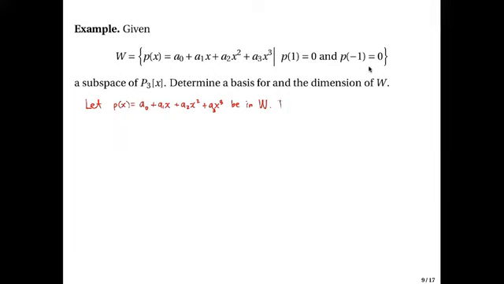Therefore, your P of x you can factor into the following: x minus 1, x plus 1, and then you have your a3 x plus r.